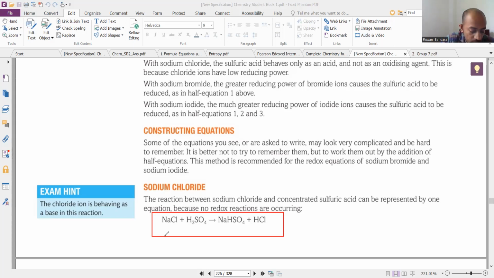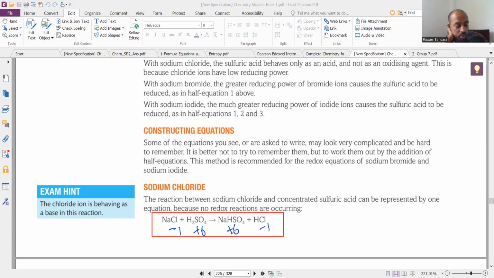Here chlorine is -1, -1, sulfur +6, +6. So no change in the oxidation number. Therefore, there's no redox reaction, right? Then write down.